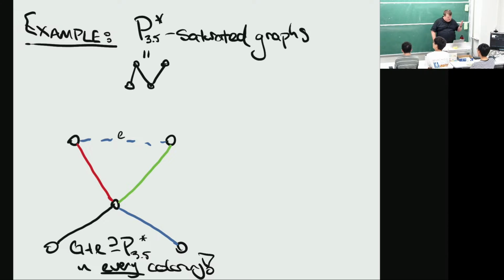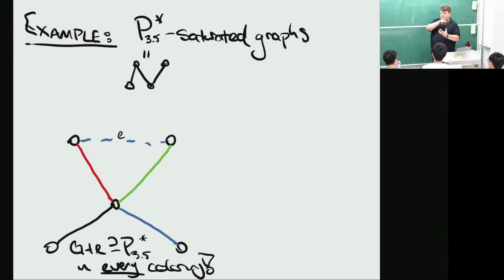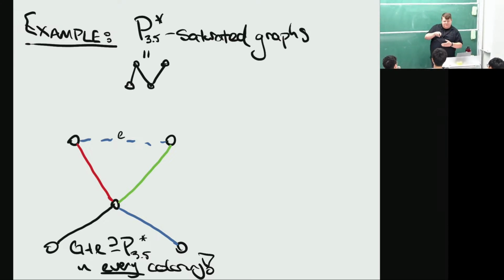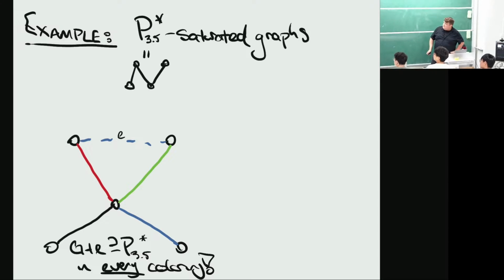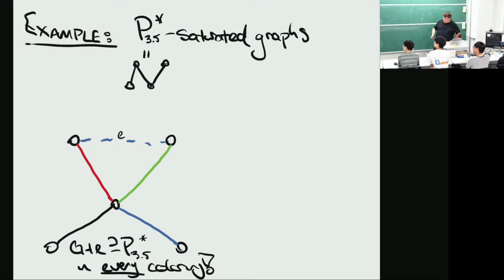And in the other versions of rainbow that I know of, usually you have a graph and you color it in a way that has no rainbow H, and then you add new edges in colors to that coloring. Here the colorings on the graph with an edge added don't have to have anything to do with the original coloring. Okay, so they're very different problems. As far as I know, there's no translation between the two kinds of results.